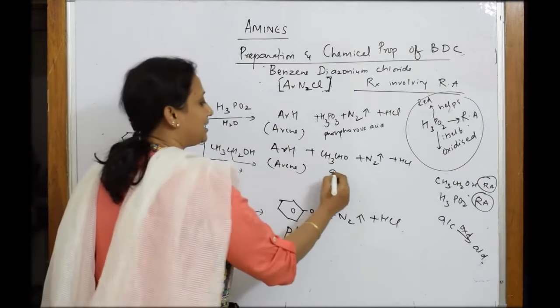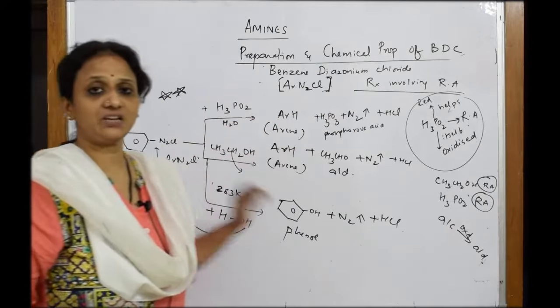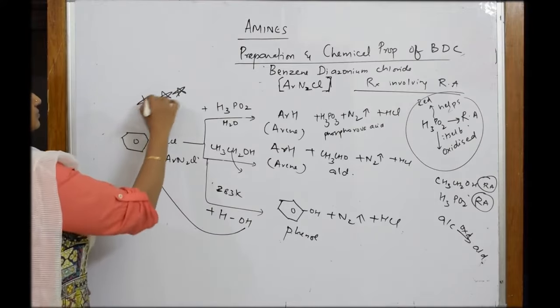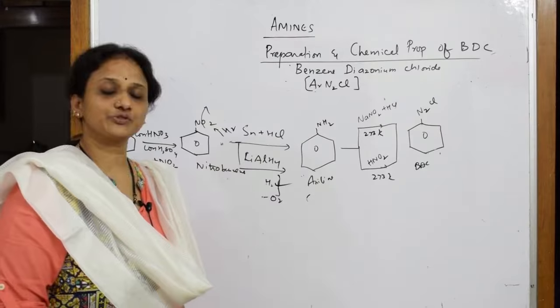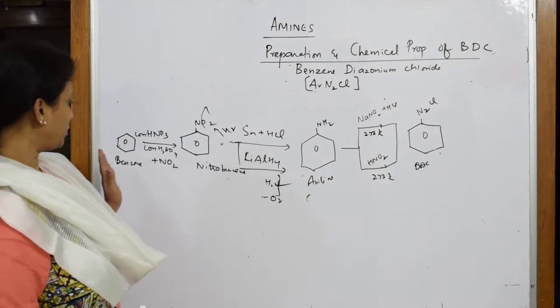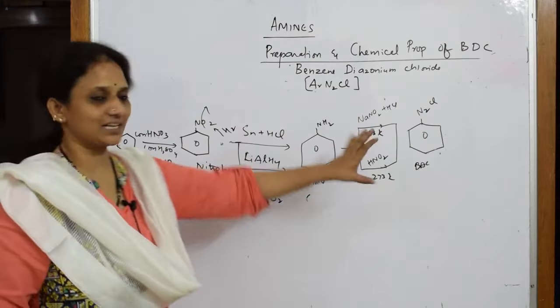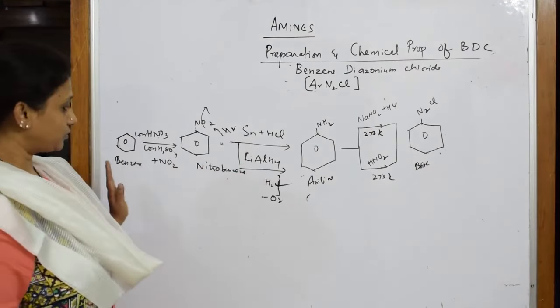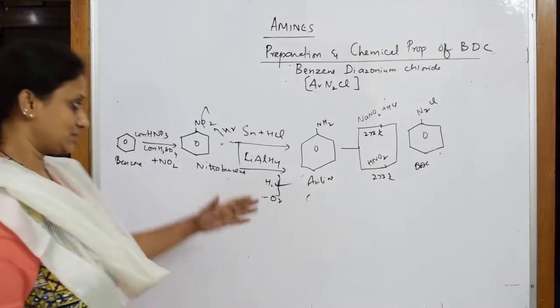This is your aldehyde. Please remember, reactions with reducing agents, very, very important reaction, of your BDC. Now, I hope you've seen in the previous videos also, this is your basic conversion everywhere. If you've gone with the sequence, this will be clear.